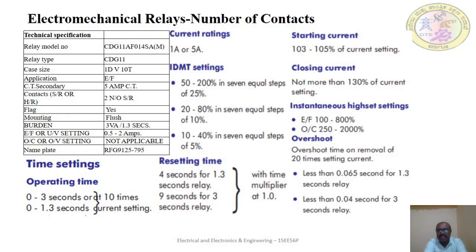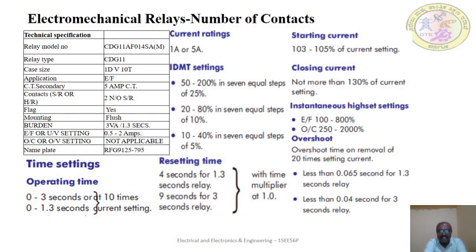Instantaneous high setting for earth fault will be 100 to 800%, for overcurrent 250 to 2000%. Overshoot will be 20 times its setting current. You can see resetting time: 4 seconds for a 1.3 second relay, 9 seconds for a 3 second relay.